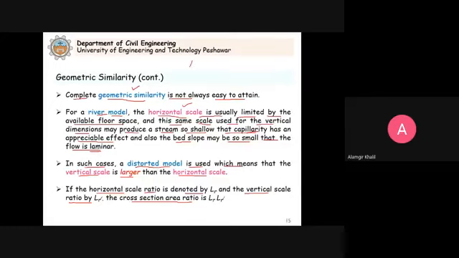Earlier, what was the case? If we maintain complete similarity, then for the cross-sectional area we can use LR square. Clear? Then we can use LR into LR. Same. So LR into LR, we can write down LR square.